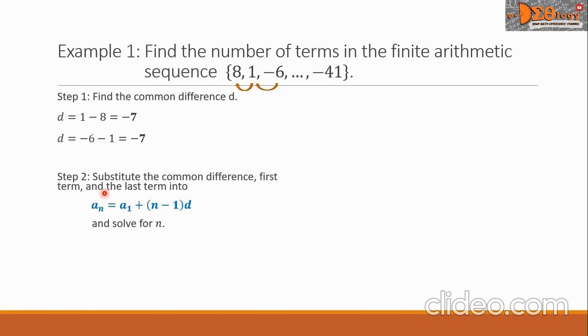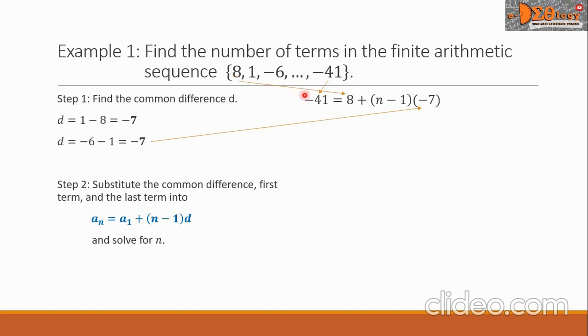Step 2. Substitute the common difference, first term and the last term, into this general term formula, then solve for n. A sub n is the last term, that is -41, and this a sub 1 is the first term, that is 8.